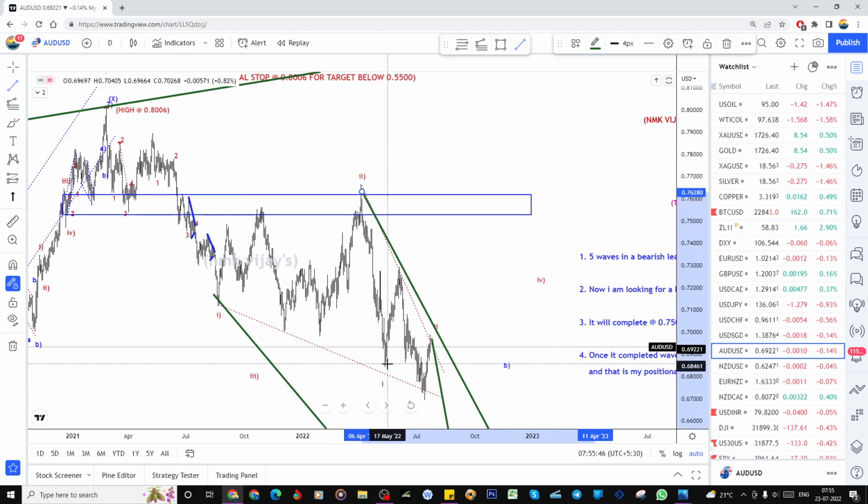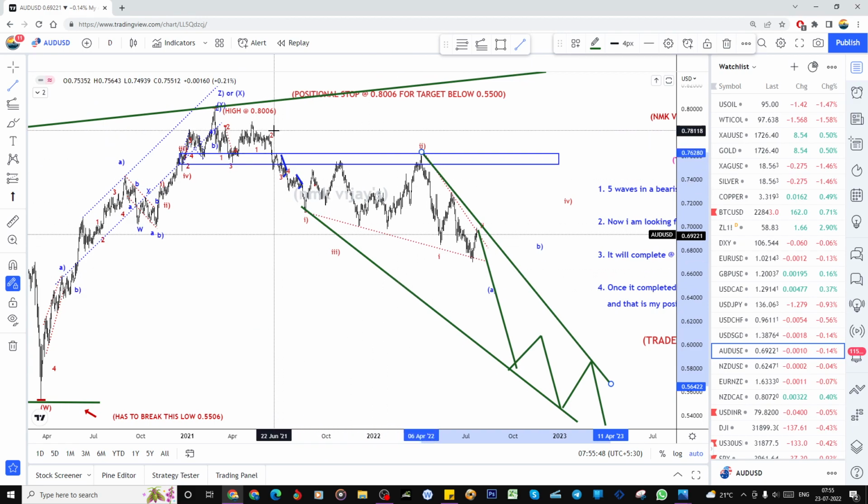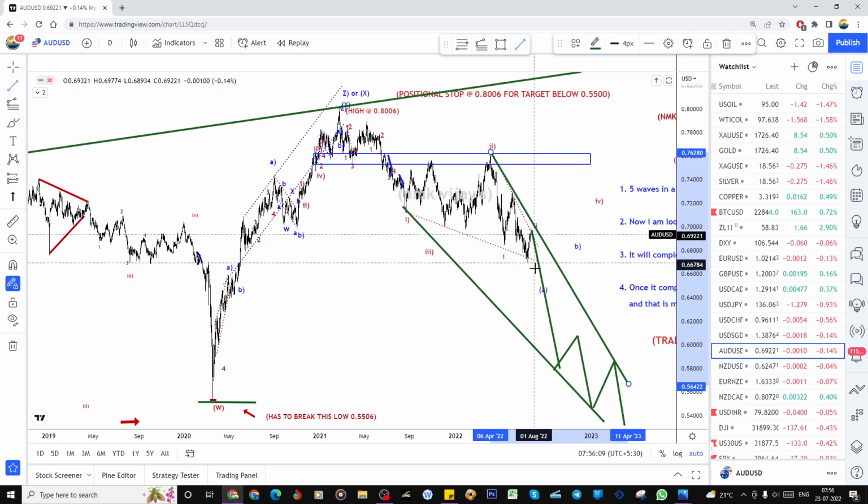So after the 5-wave structure, we are looking for 1, 2, 3, and this is the 4, and this is the 5. We are completing. So we are expecting that second wave. Whether this is the 1, this is the 2, this is the intermediate 1 of 3. So this is the 1, this is the 2 in an irregular flat, and we are expecting that second wave to come to the downside like this, very aggressive.